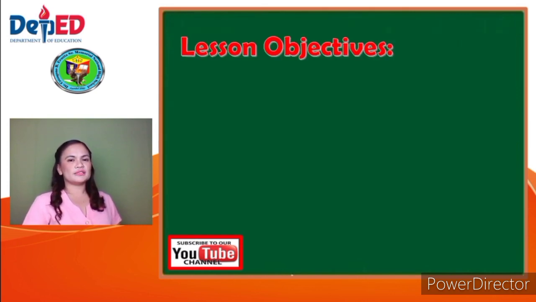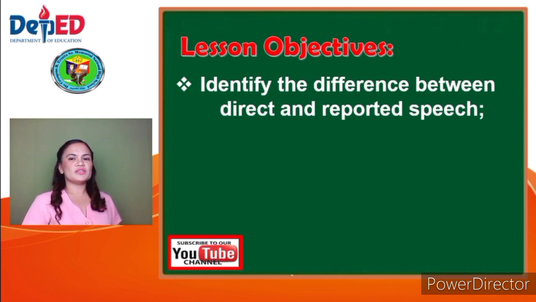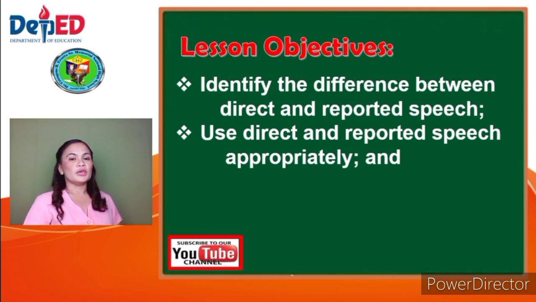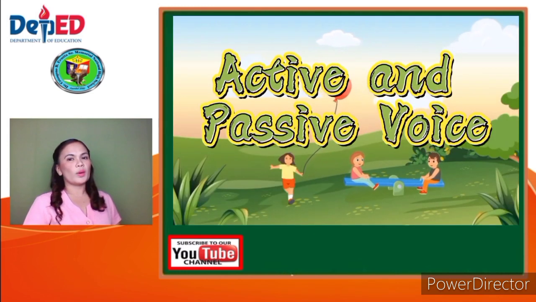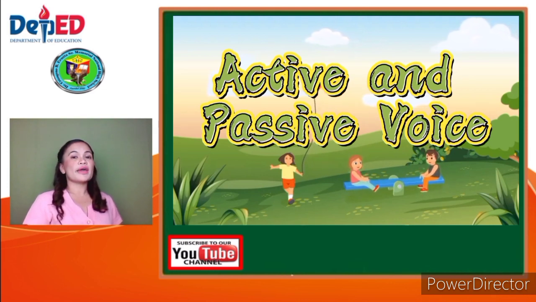For the lesson objectives: identify the difference between direct and reported speech, and use direct and reported speech appropriately and show understanding of the past and past perfect tenses. If you remember well, in week 3, we talked about active and passive voice.